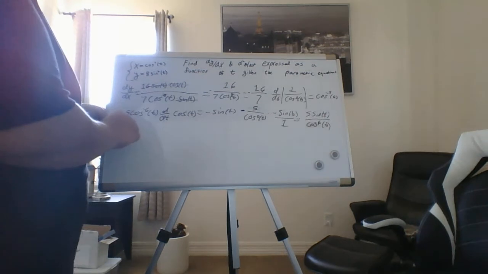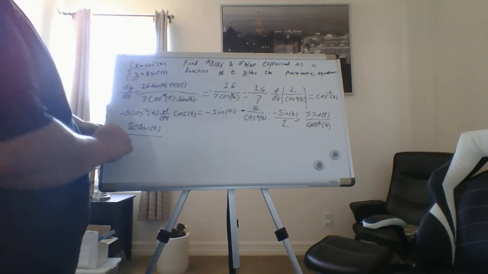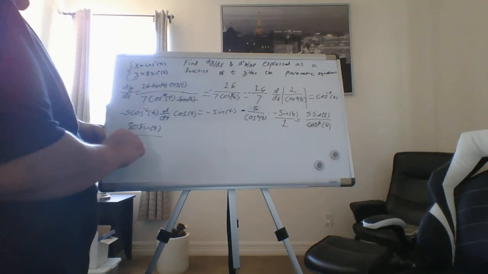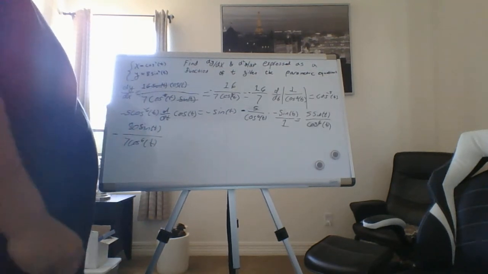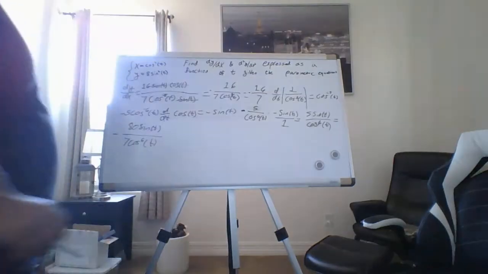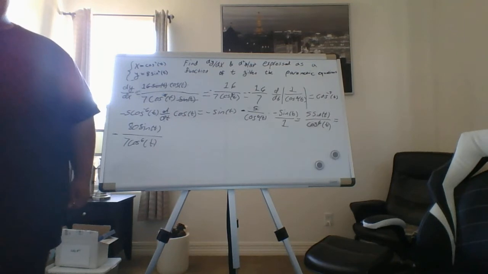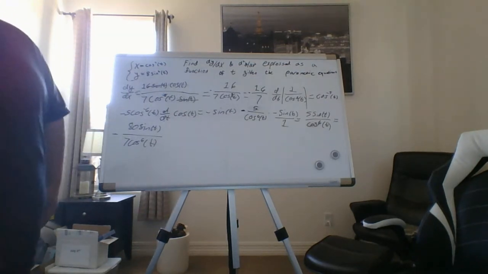So we got 80 sine of t all over 7 cosine 6t, negative. Which is ugly, yeah, but it is what it is.